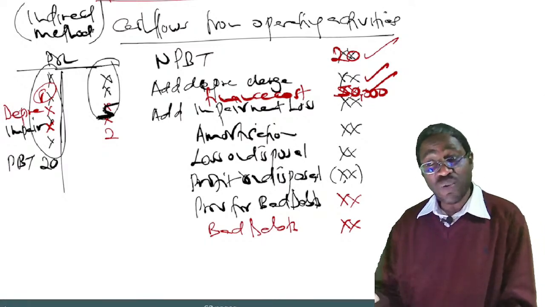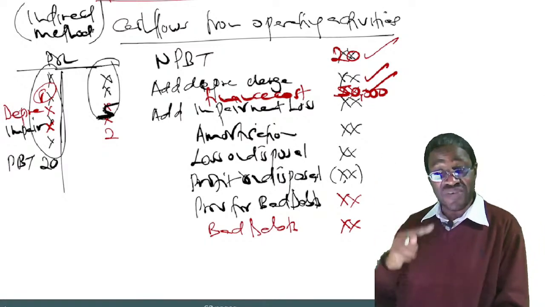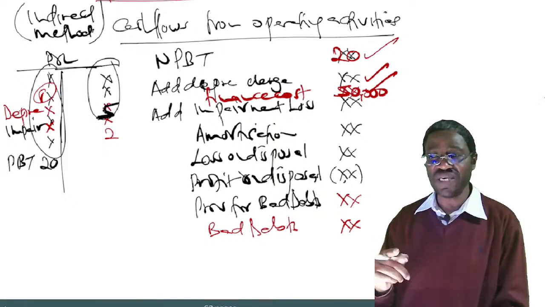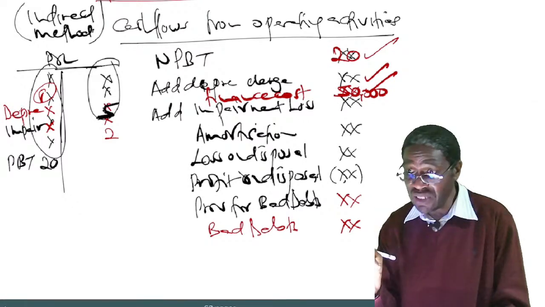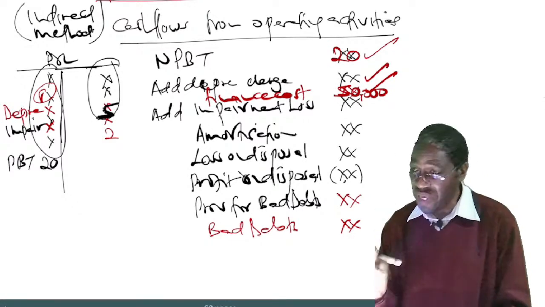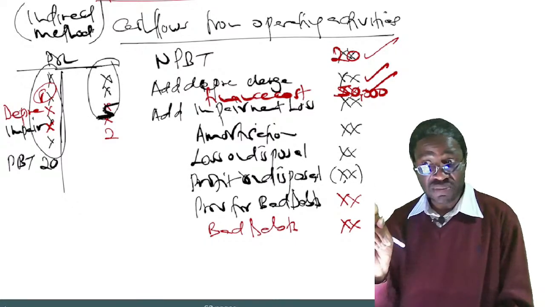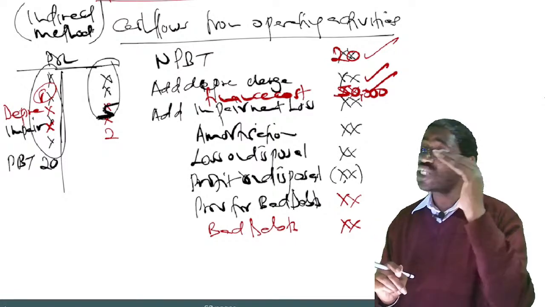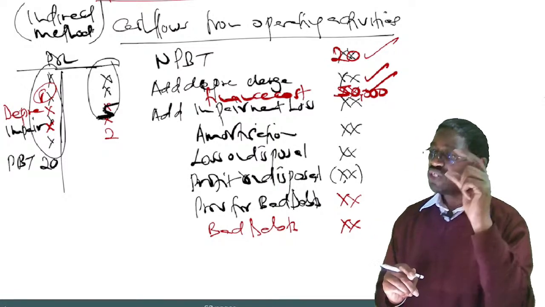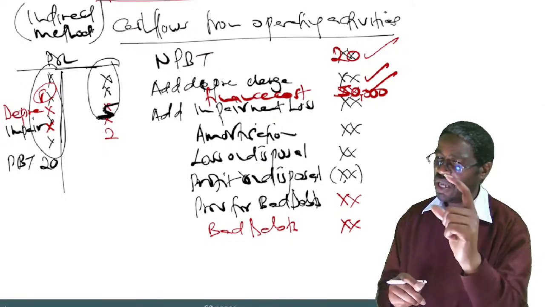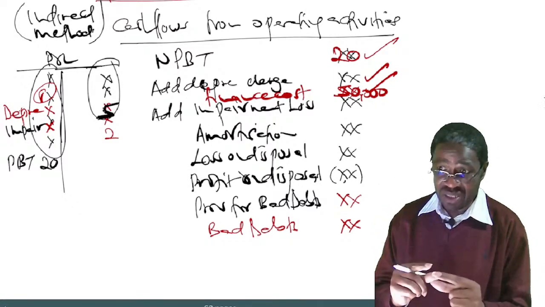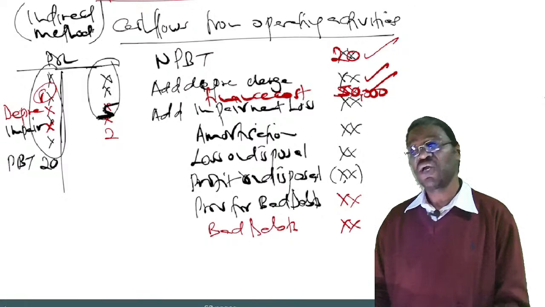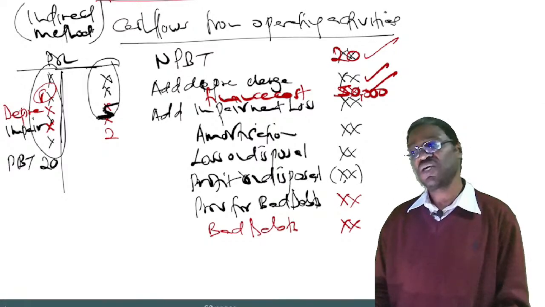Then in the financing activity section of the cash flow, we shall say interest paid. How much? 40. So the charge for interest you take as a non-cash item, and the interest paid goes to the cash flow as a financing activity. Why? Because you are paying the financiers of the company.